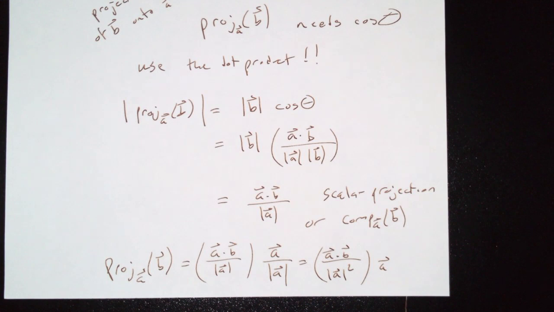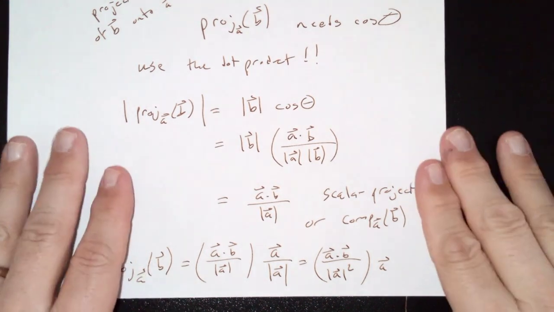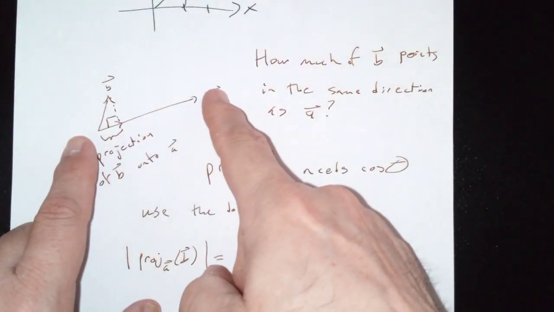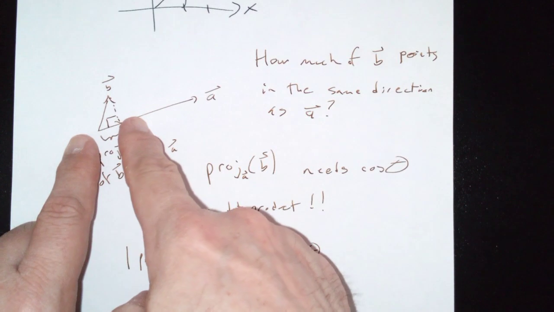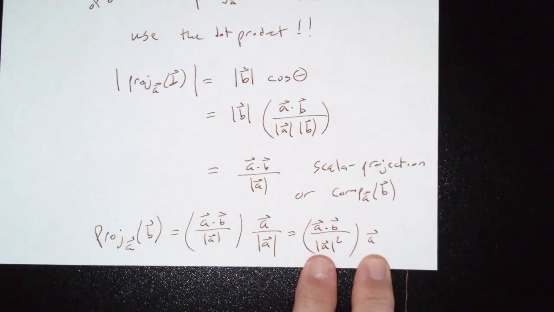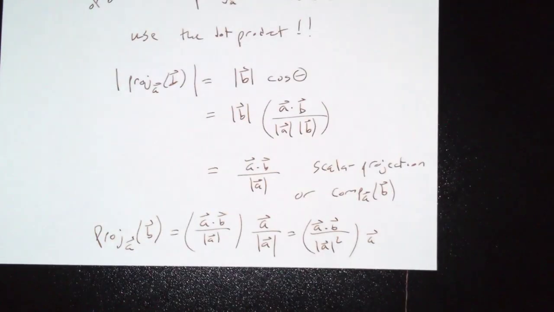Let me go back to the picture for a second. I promise I'll come back and I'll show you this again. I wanted to know how much of B went the same way as A. I took A and I shrunk it down until it was the right length. Son of a... I got it all out of drawing a little triangle.